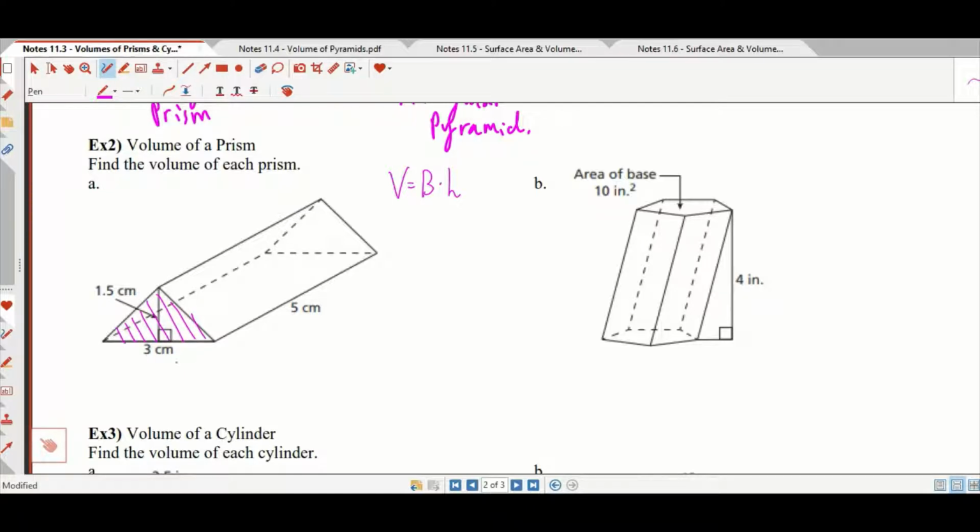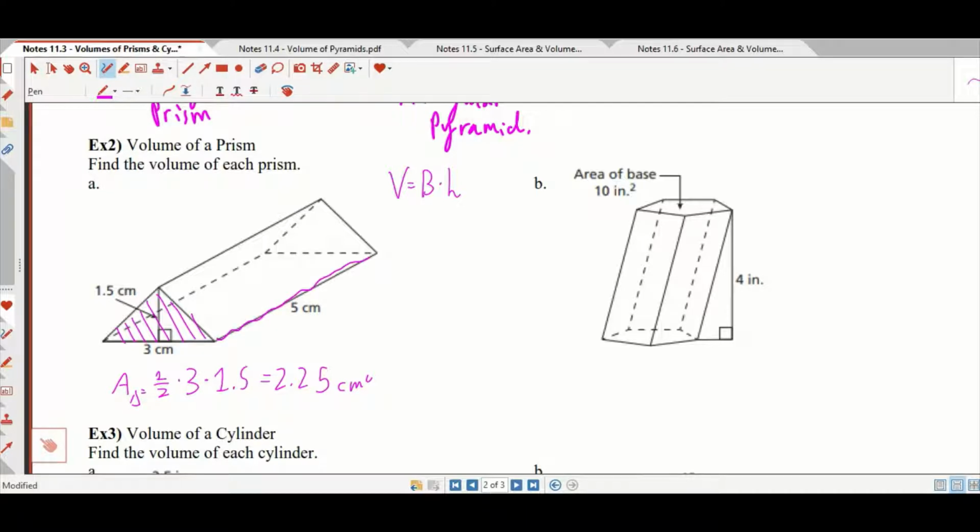So we find the area of those triangles, which is 1/2 times the base of the triangle, little b, times the height, 1.5 centimeters. So I do 0.5 times 3 times 1.5, which is 2.25. 2.25 centimeters squared is the area of this triangle.